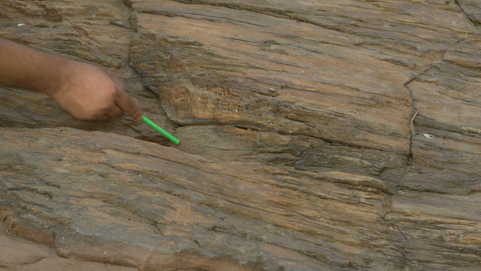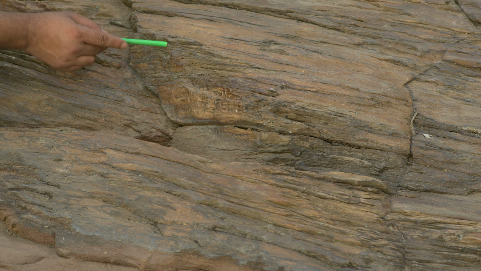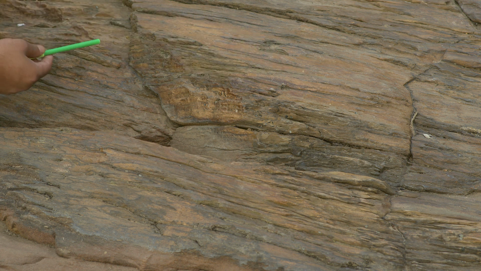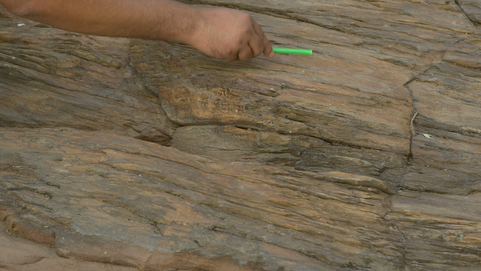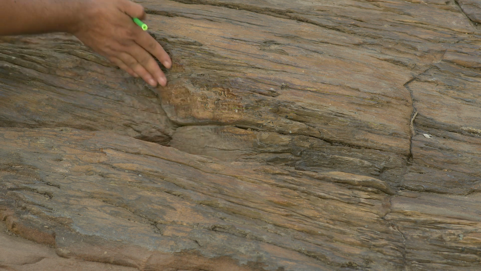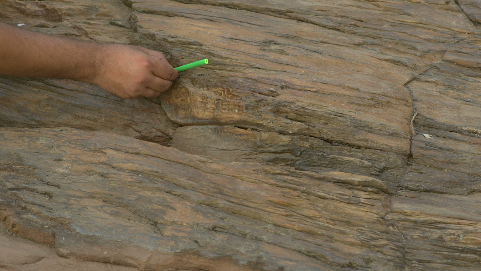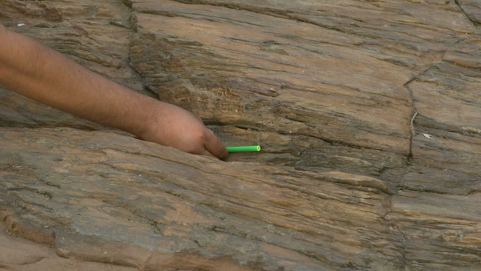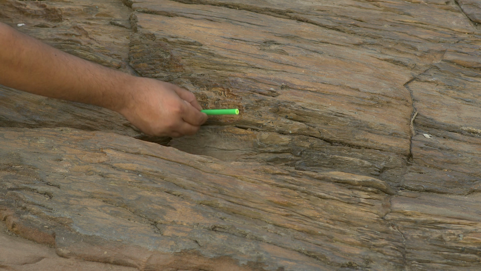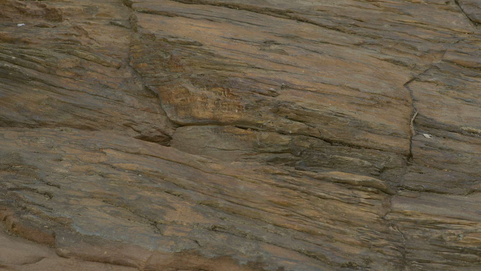And on this surface you see there are numerous traces, and you can see that these traces are going this side, which we have identified as the foliation planes or the cleavage planes. So, this is a bedding plane, and on this bedding plane we see the traces of the foliations or cleavage. So, these are also another type of bedding cleavage intersection lineations, or in simple words intersection lineations.